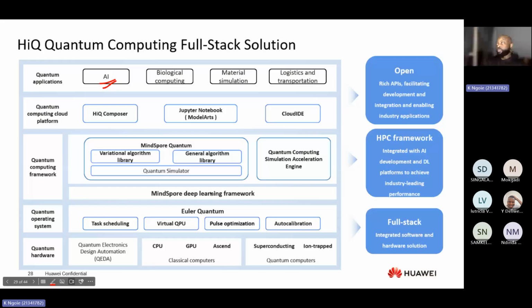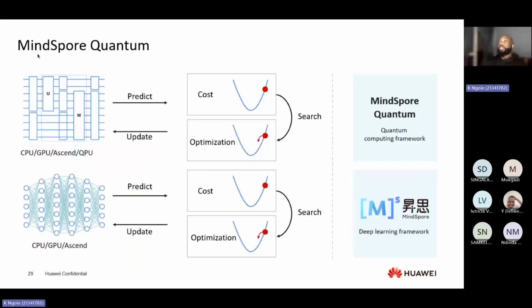So basically, when it comes to quantum computers, remember the model will need the computing power in order to learn from the data and do everything. So you will basically have to use quantum computers alongside CPUs, GPUs, ASICs, and QPUs.